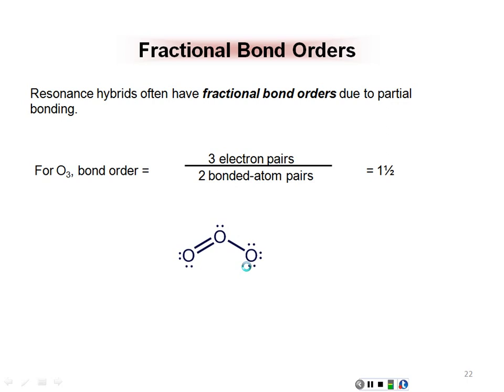Another way you could think of that is six electrons total, 1, 2, 3, 4, 5, 6, shared between 3 atoms, that would be 2.